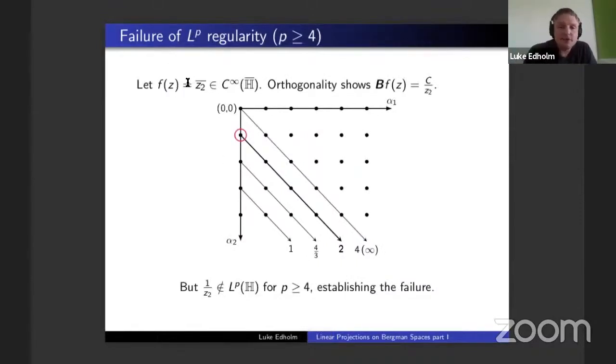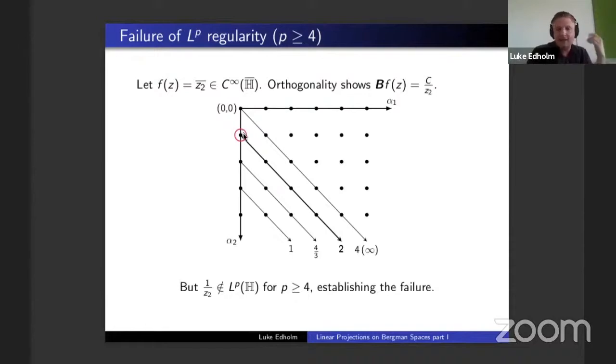So suppose you take this nice bounded smooth function, Z2 bar, an anti-holomorphic thing. If you calculate the Bergman projection of that, then the orthogonality of the monomials quite easily gives you that this Bergman projection is a constant over Z2, which corresponds to this dot here.